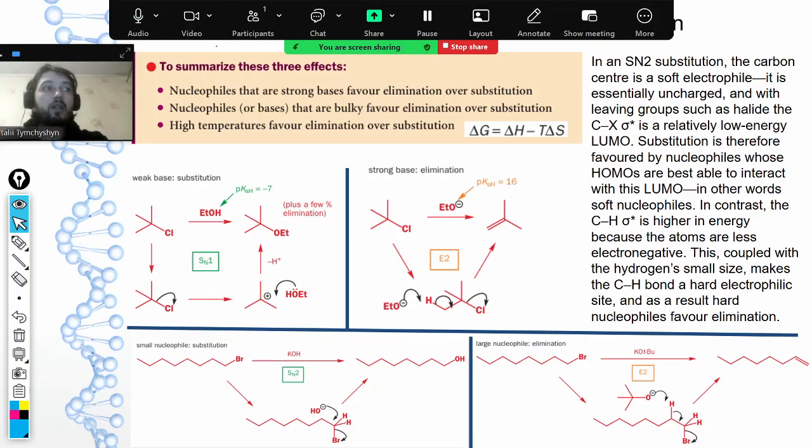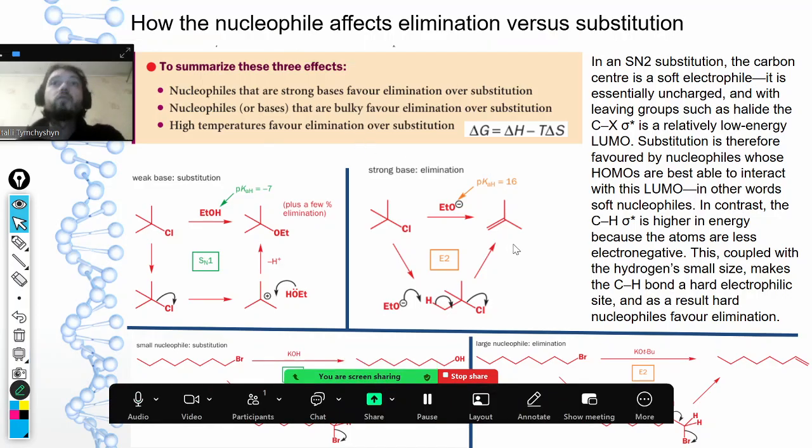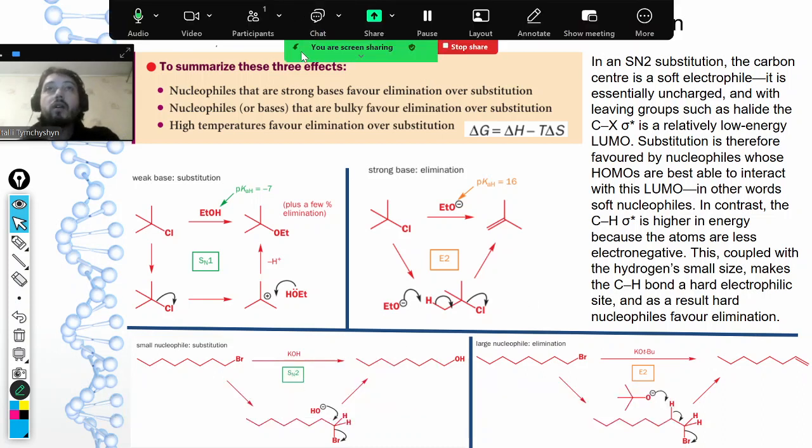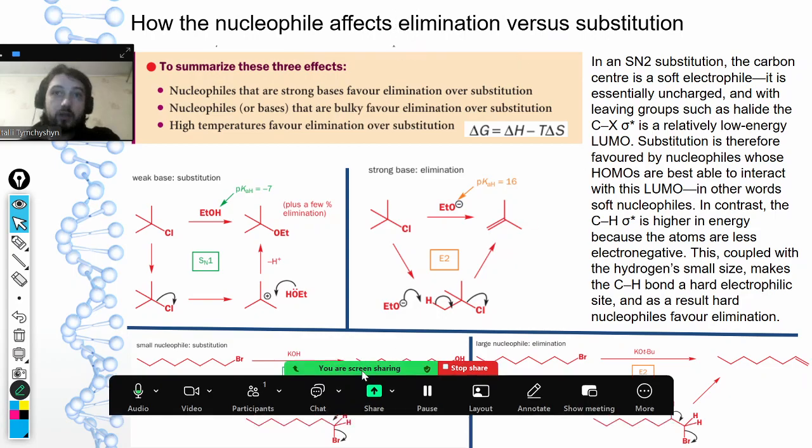And here is some sort of guide for what we should look for. Basically the nucleophile will define whether we are looking at the elimination or the substitution reaction.